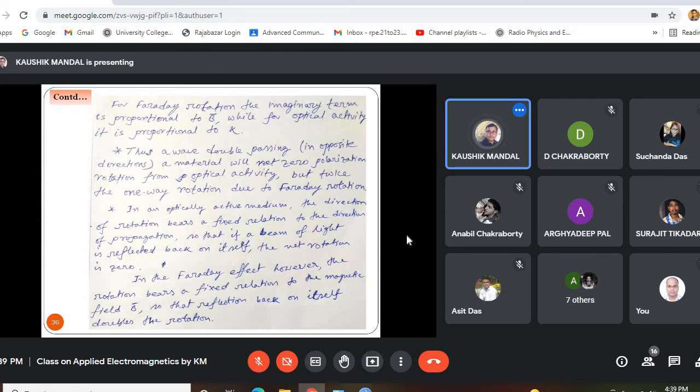So if you now compare Faraday rotation, in case of Faraday rotation it is proportional to the static magnetic field under which we are considering the propagation of the light wave, whereas in case of optical activity, it is proportional to the k vector, the direction of propagation.